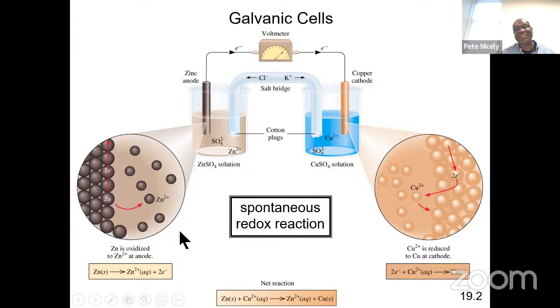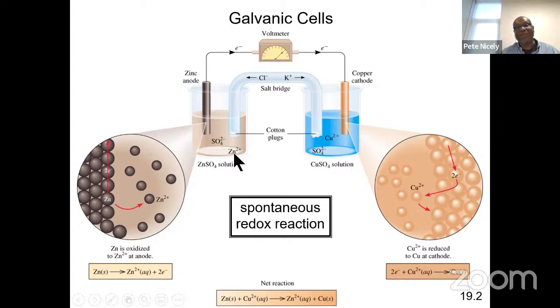So basically, what you'll have simultaneously occurring in both of these vessels is that the zinc will undergo oxidation. Therefore, the zinc anode here will lose mass, and the copper electrode here will gain mass because copper will be formed as a result of the copper 2 plus ion gaining electrons to form the copper solid, all right?